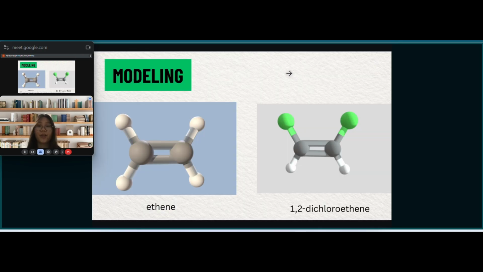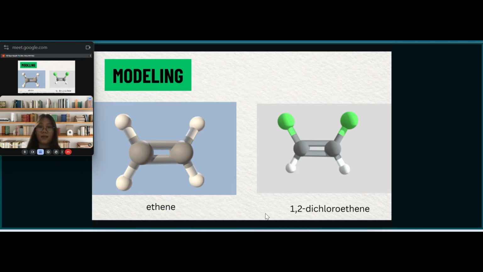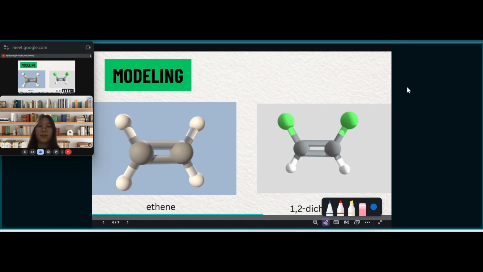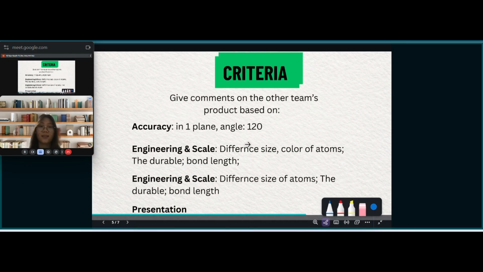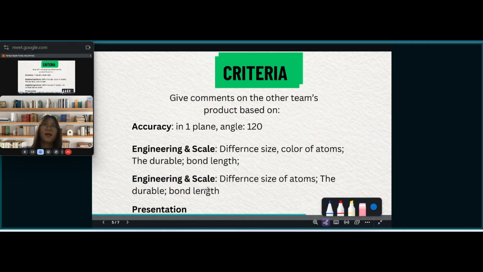So you need to denote on this model which one is a double bond and which one is just a single bond, and build your products appropriately. And the fourth is presentation. The more clearly you present, the more score you will get.